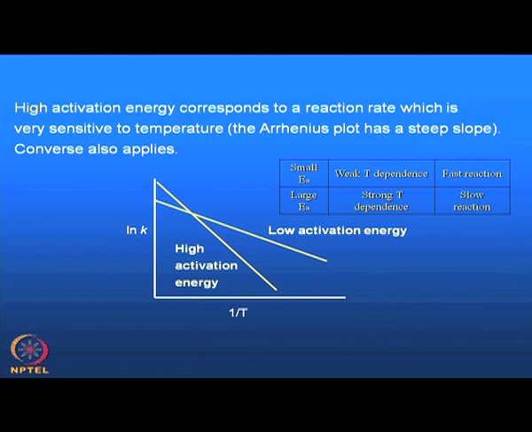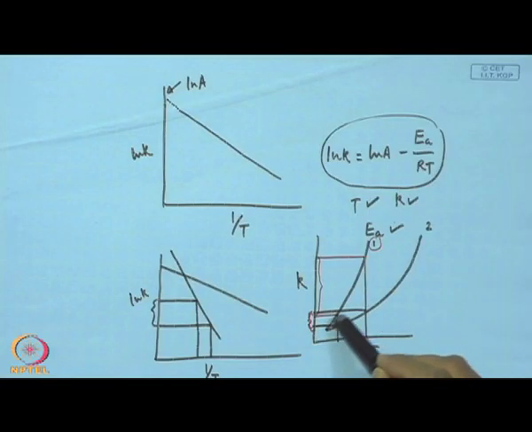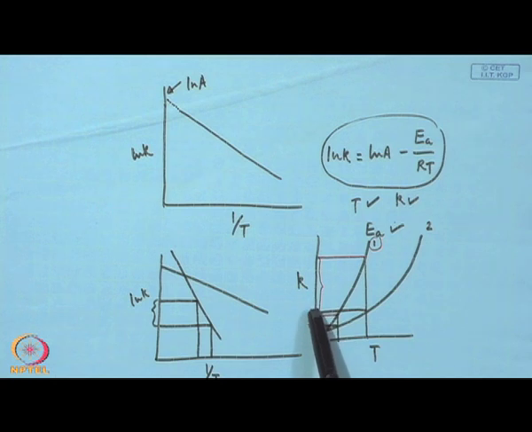So, we can have a table like this: small activation energy, that is weak temperature dependence, but the reaction is fast. Okay. That means, as I told you here, if the activation energy is small, although the temperature dependence of k is not that much, the reaction is found to be faster.